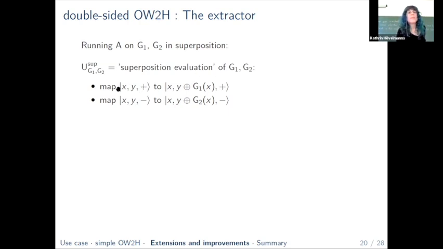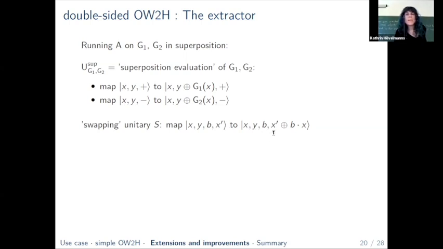And what it does now is to map X, Y, and plus to X, Y, ... that takes as input the input-output registers of the oracle, an additional bit register, and another register that also corresponds to X. And the only thing it does is that it additionally XORs the first register into the fourth.